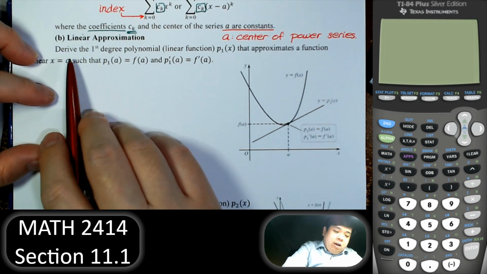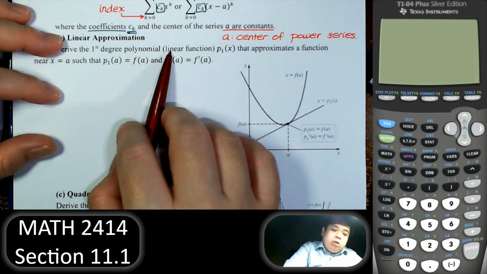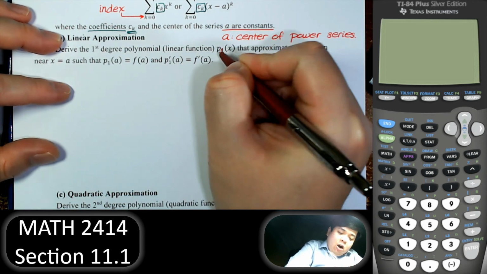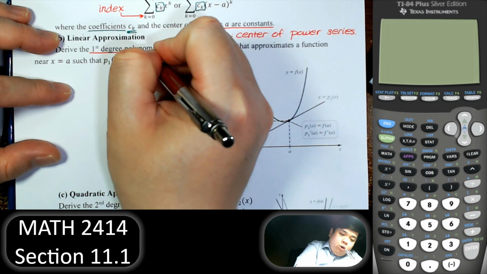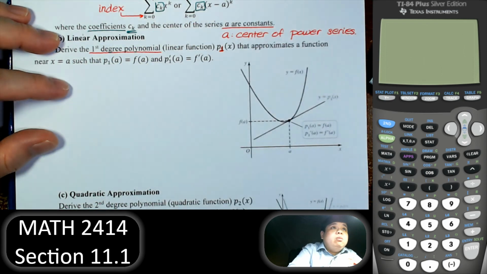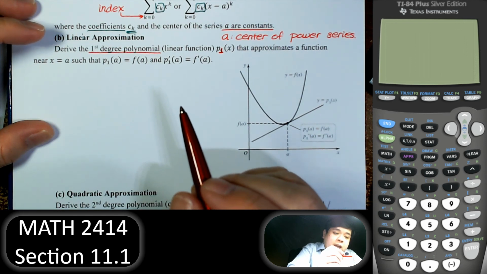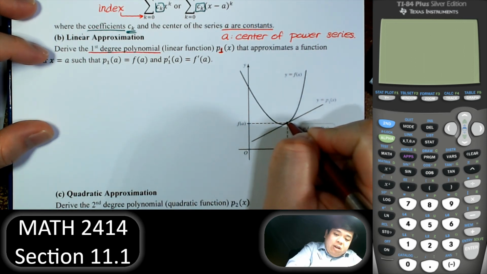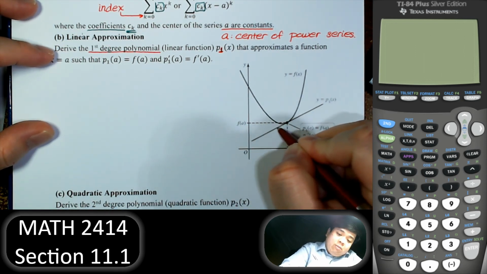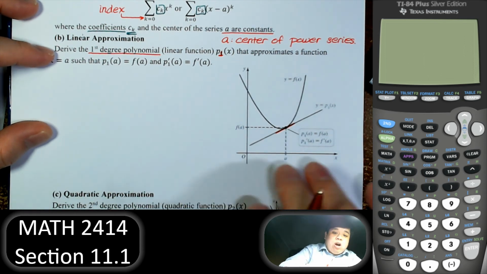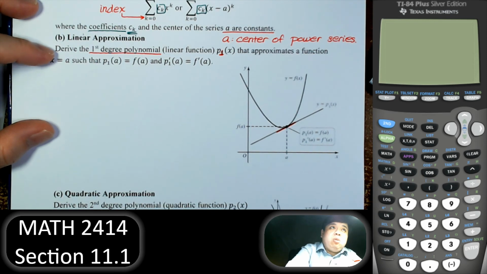So we derive the first degree polynomial, the linear function. The 1 here corresponds to the first degree polynomial that approximates the function, so that's the subscript 1. We have the values of the function, and we have the slope, which is the derivative at the point. So we will try to find the equation of the tangent line, pretty much.